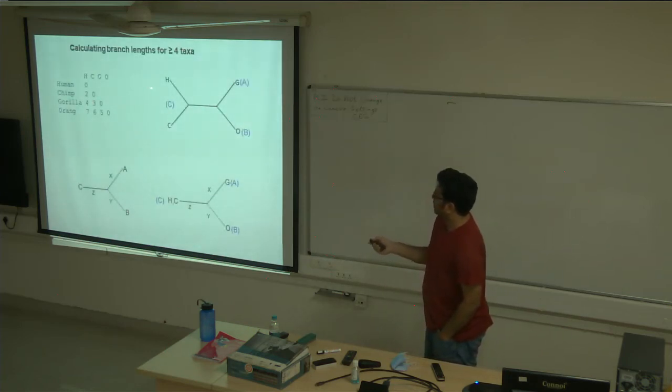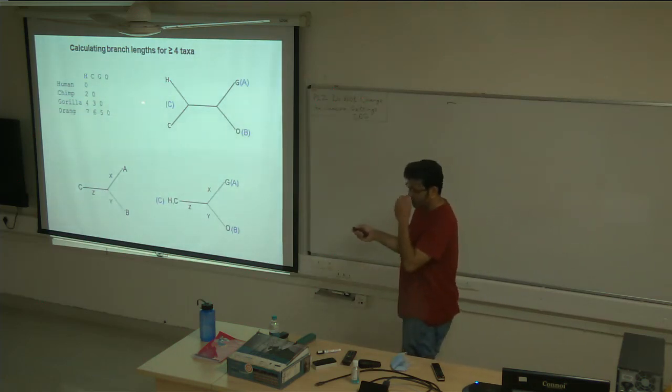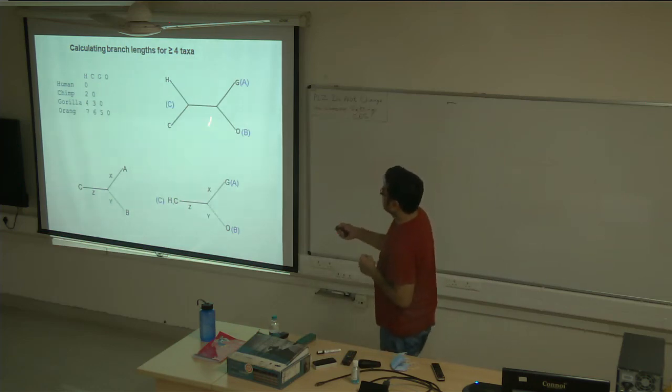For calculating branch lengths for 4 taxa, with similar logic, you first convert this into a 3 taxa situation. You club human and chimp into 1 taxon, that is C, where now you have a 3 taxa situation.